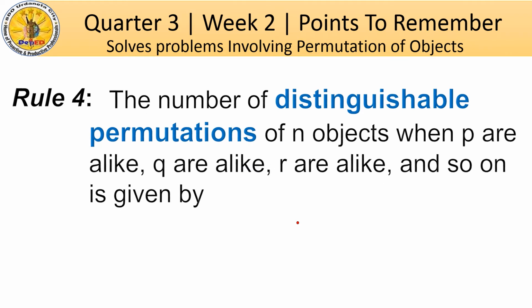The number of distinguishable permutations of n objects when p are alike, q are alike, r are alike, and so on is given by the formula P equals n factorial divided by p factorial, q factorial, r factorial, and so on.